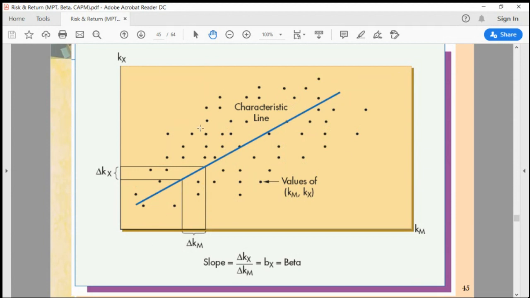I don't have another picture, but if the scatter plot looks like this, that shows a downward trend, right?